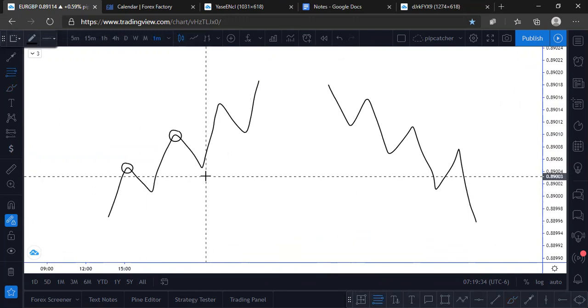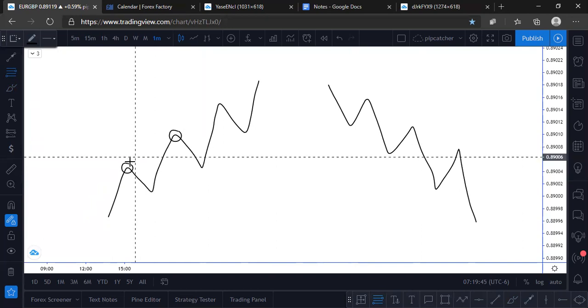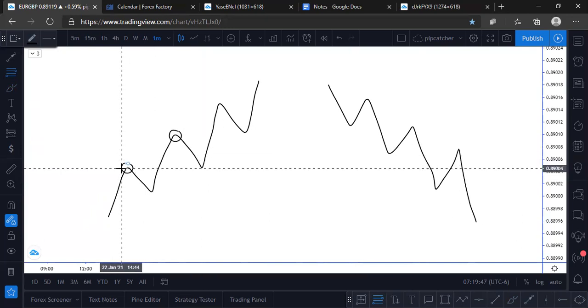So it's more or less to determine a specific area based on structure, to determine really where the end of a retracement could possibly be at, right? It's just to determine that, right?